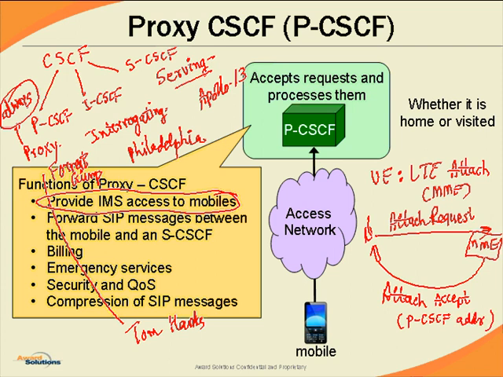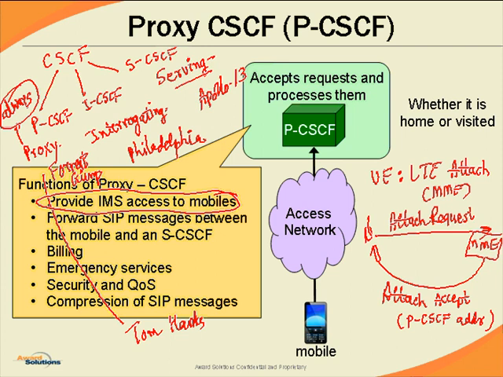So when the UE performs power up initial LTE attach, as part of that attach operation, UE learns about the IP address of the proxy. So in future, whenever our UE constructs SIP signaling messages, the source would be UE, the destination would be proxy call session control function.